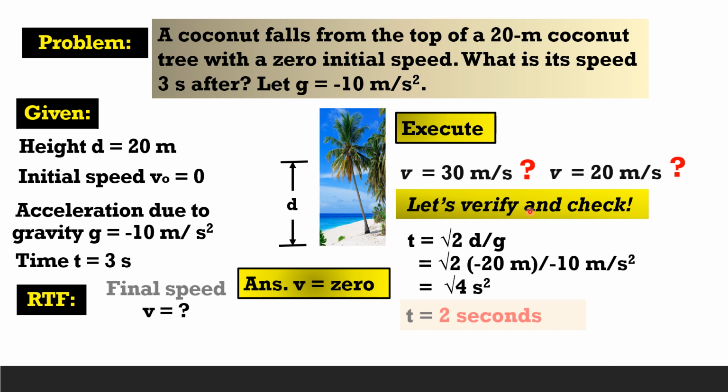So what we just did is one way of checking your answer, by using a different equation, just like what we did, and of course using our common sense and logical reasoning.